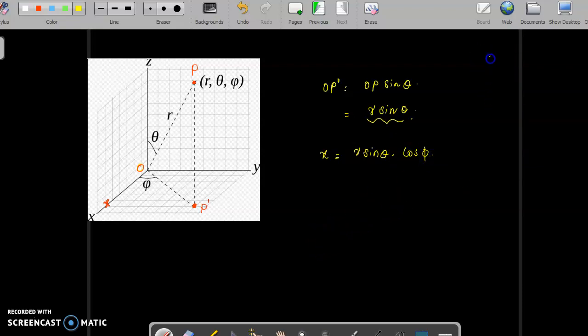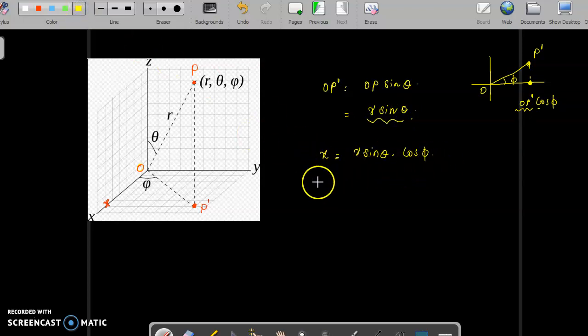Because we know that in a Cartesian coordinate, if this is the P dash and this is the angle phi, this point is OP dash cos phi. So we know the value of OP dash. OP dash is r sine theta. So x becomes r sine theta cos phi.